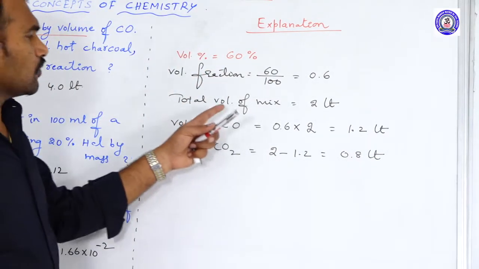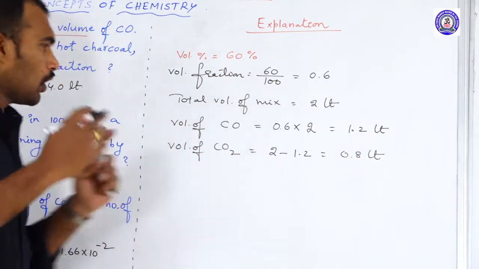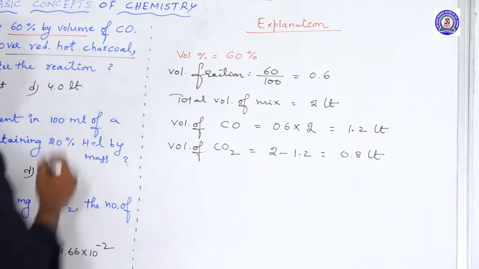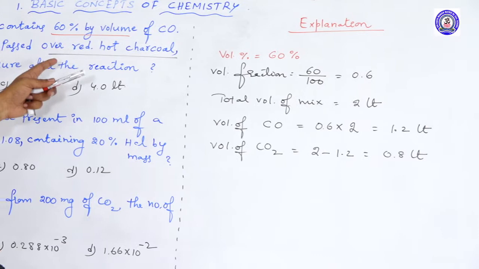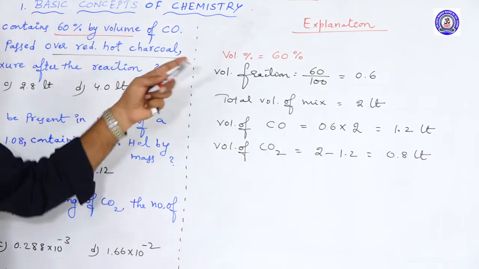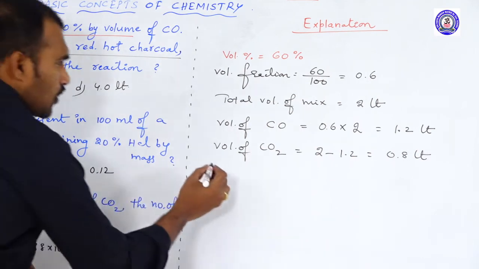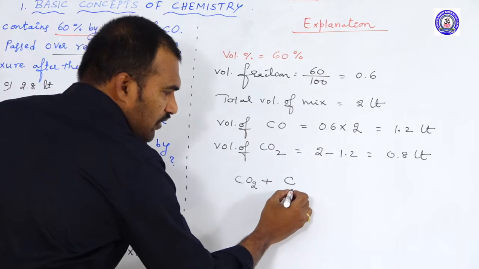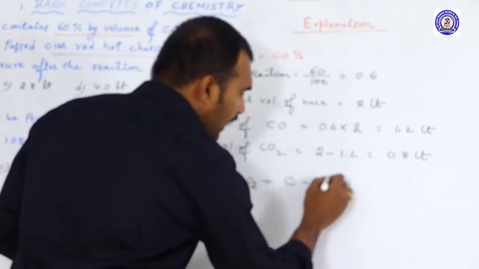Now we know the volume of CO and the volume of CO2. Now come to the reaction, when this 2 liters of mixture is passed over red hot charcoal. What is the reaction of CO gas and CO2 gas with red hot charcoal?